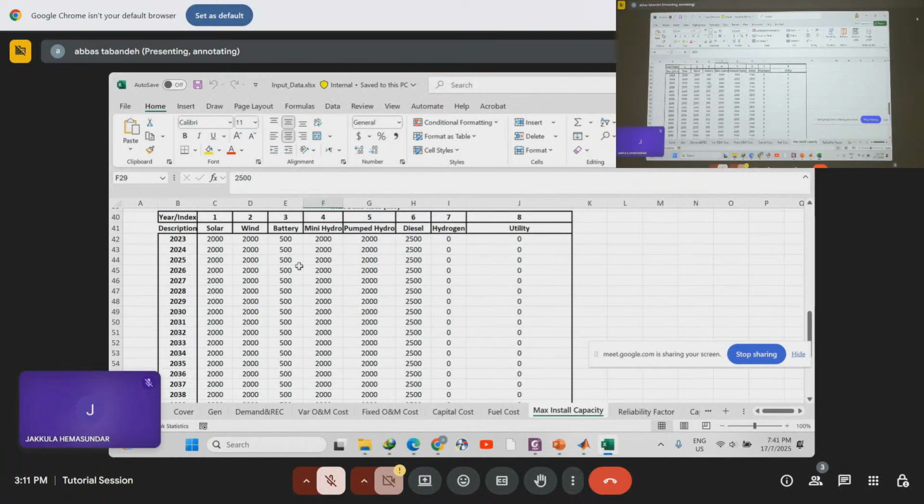It means that, for example, in each year, we cannot install more than 500 kilowatts of battery. The cap for it is, for example, 500 to 1,000. However, depending on your problem in the future, you can change and manipulate them.